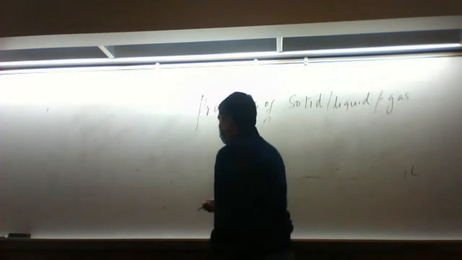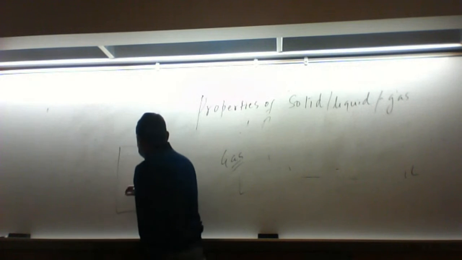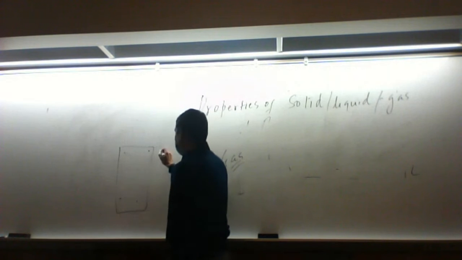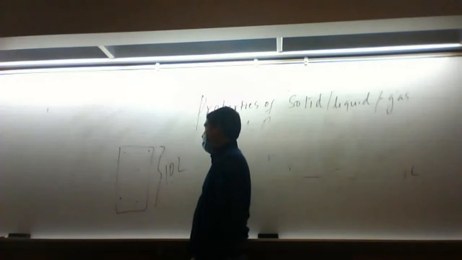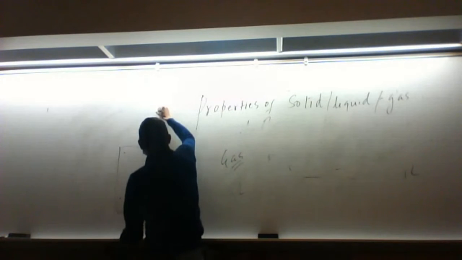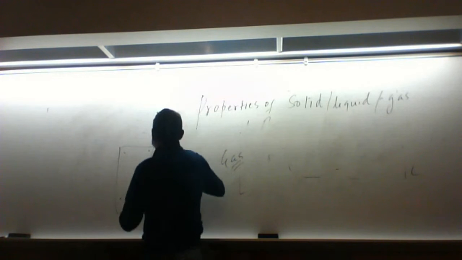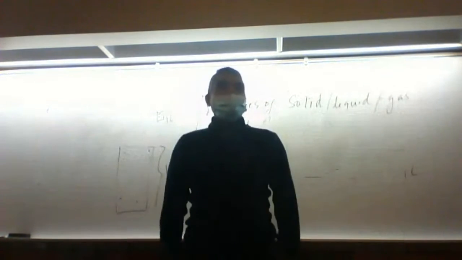If you put the gas in a big cylinder like this, some molecules are here, some are here, some are here. Maybe this is a 10-liter cylinder. Now take this gas and put it in compression, in a very small space like this. It may have, let's say, 1 liter volume. You see that? The same amount of gas can occupy different amounts of volume.